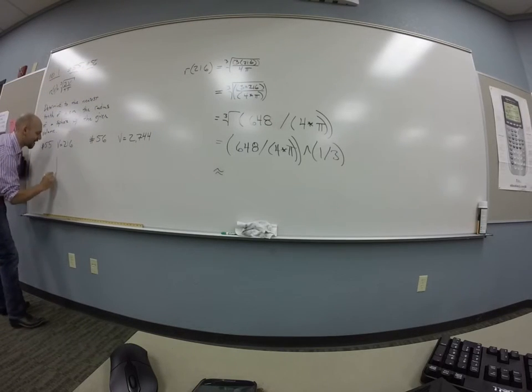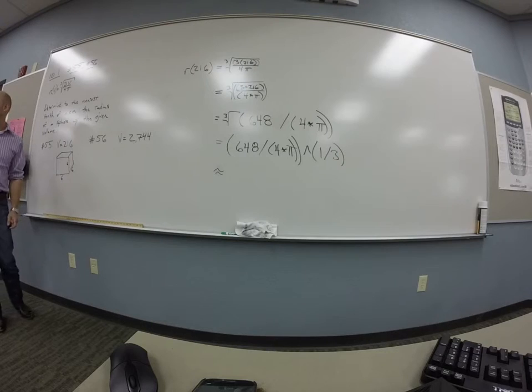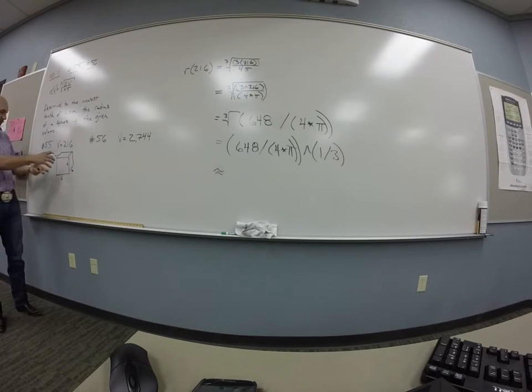Okay, so this should definitely be bigger or smaller than 6. If there's a cube, that would be 6 on a side, right, to hold the same amount. And now I'm wondering about the radius of a sphere. If I round the edges, it won't be quite 6 across, but it'll be maybe close.